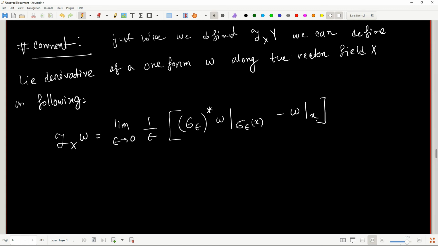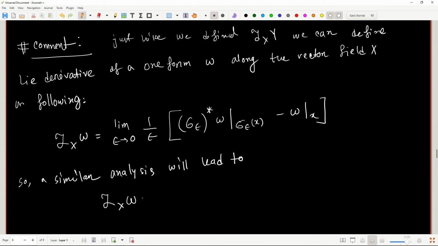You can do a similar analysis which will lead to the following expression.